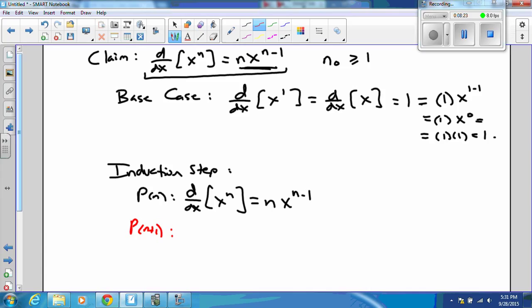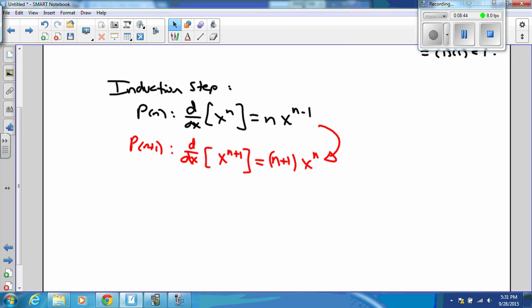And what we're trying to prove is P of n plus 1, which is found by replacing n with n plus 1 in every instance. So that would be the derivative of x to the n plus 1 equals n plus 1 times x to the n plus 1 minus 1. Just like that. So what I'm trying to show is that if you give me this, then that follows.